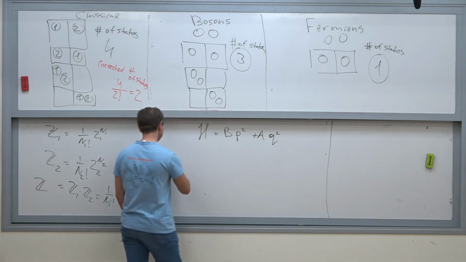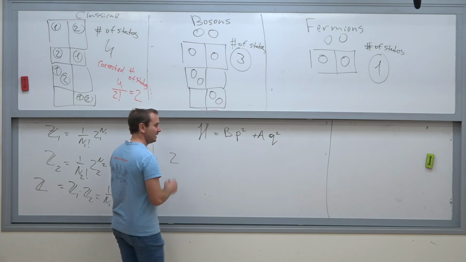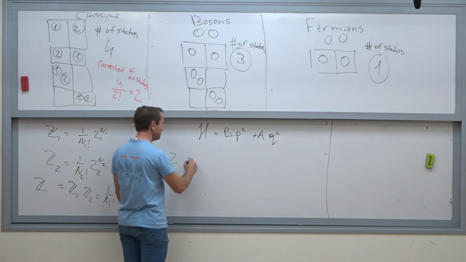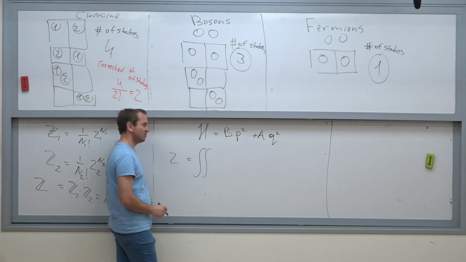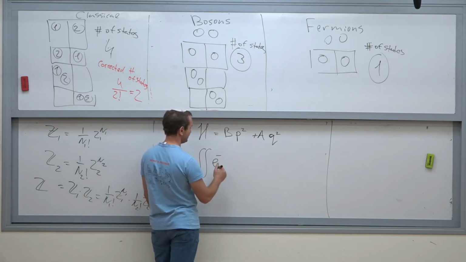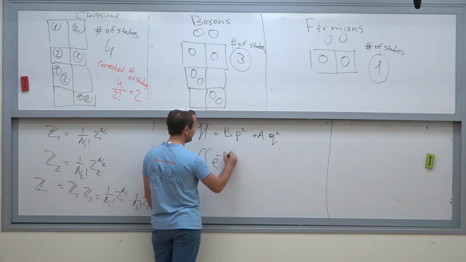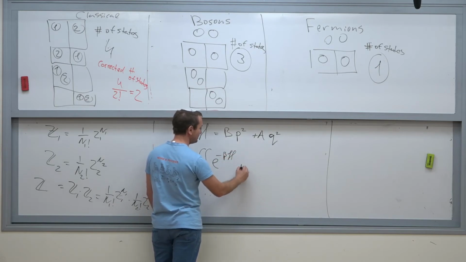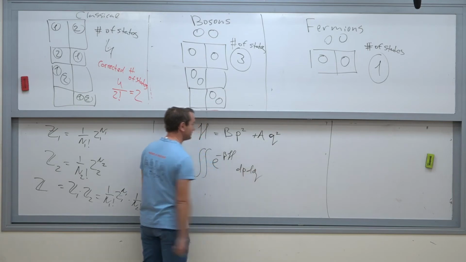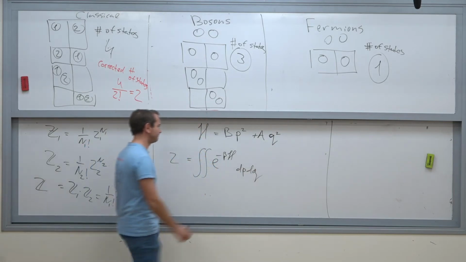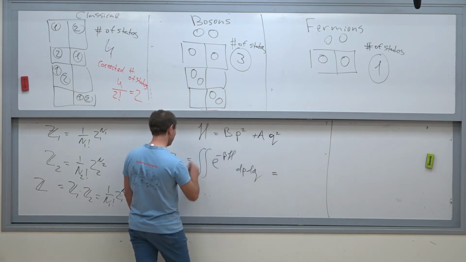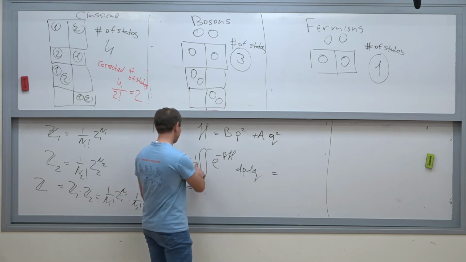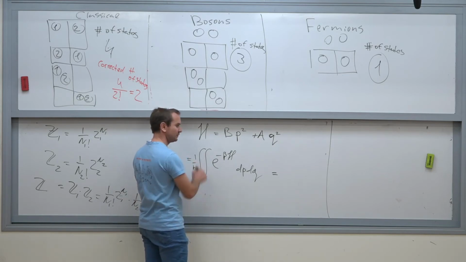Okay, so this one single particle, the partition function of this guy is an integral of e to the minus beta H dp dq, multiplied by 1 over h, the Planck constant.